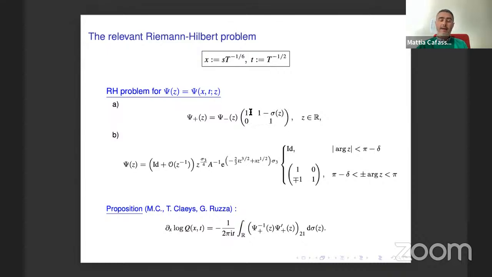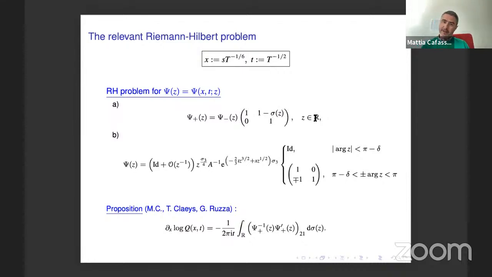It's just given by a triangular matrix in which on the upper right corner, you have this function 1 minus sigma(z), okay? The Airy function disappears, okay? But if you notice, also this translation of the function sigma, which is a Fermi factor, by s and t disappeared, but we pay the price to make it disappear from here.